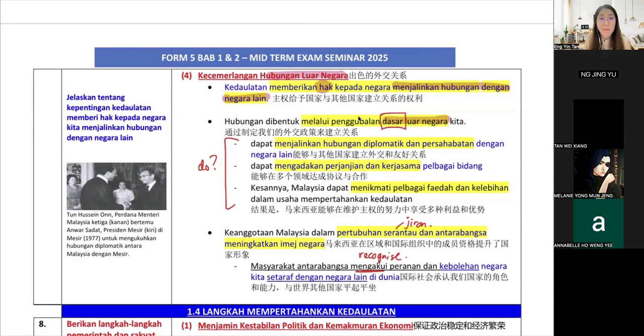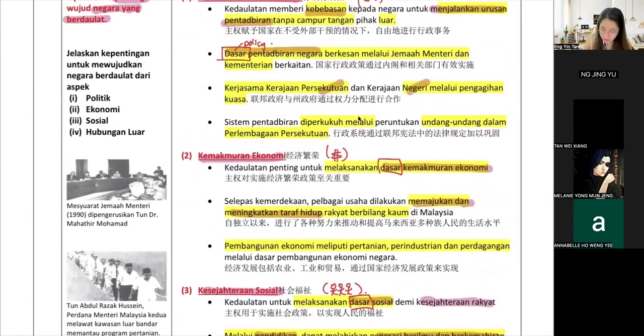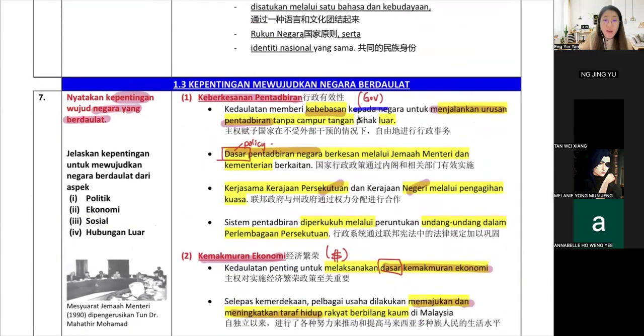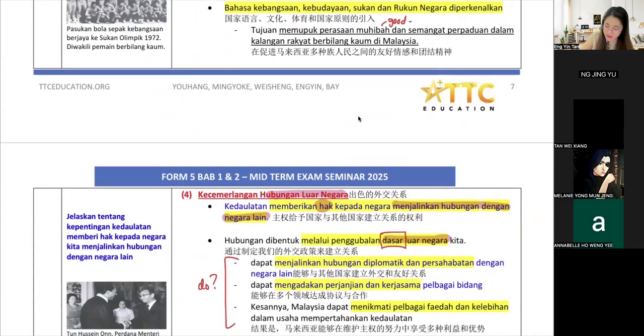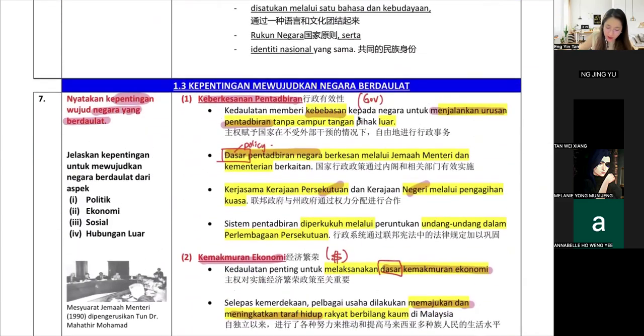Everybody here, all good? So guys, this is how I remember, okay? Politics, government, economy, and social. And this one, I will think like this. It's an international status. What's our status at the international level? So when I memorize the kepentingan, I always tell the students, PESA.